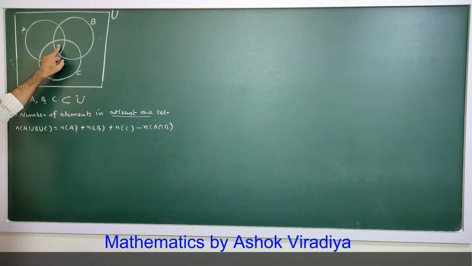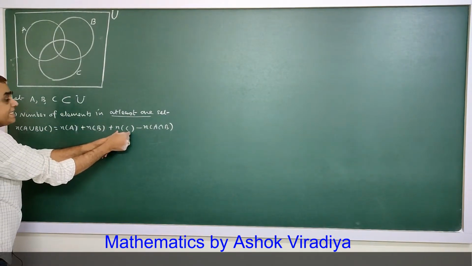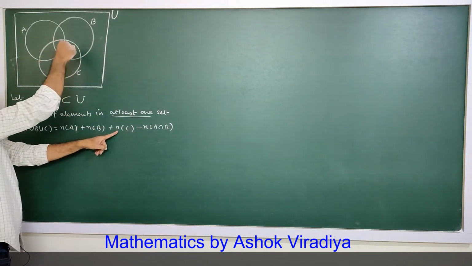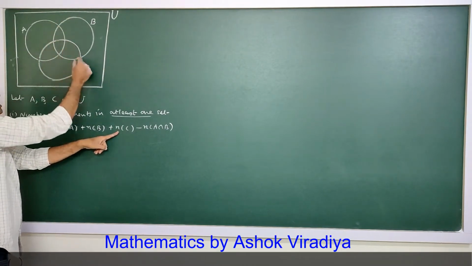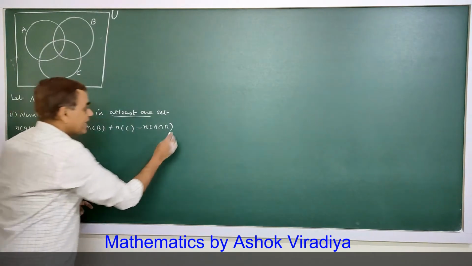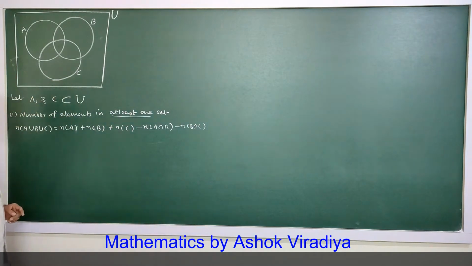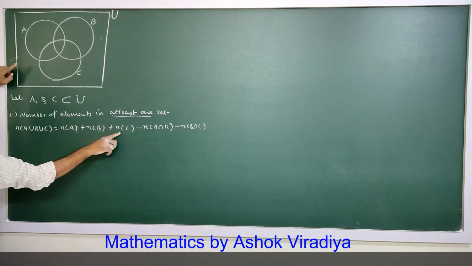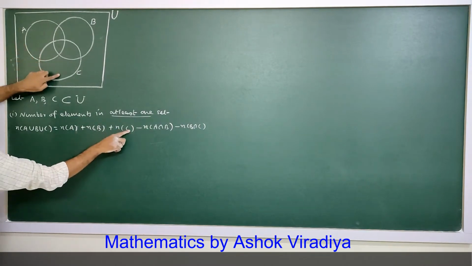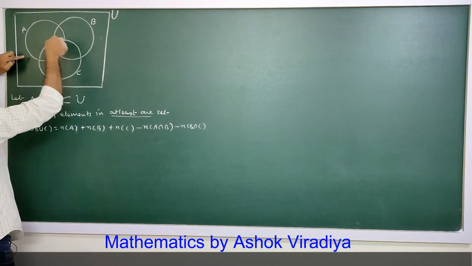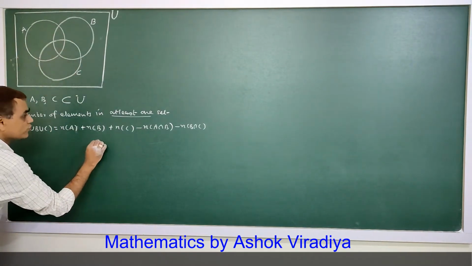Similarly, when you add n of B plus n of C, these are also counted 2 times, so to correct that addition, subtract 1 time. Then n of A plus n of C: these are counted 2 times, so 1 time we have to subtract.